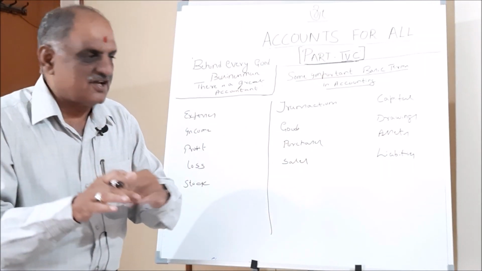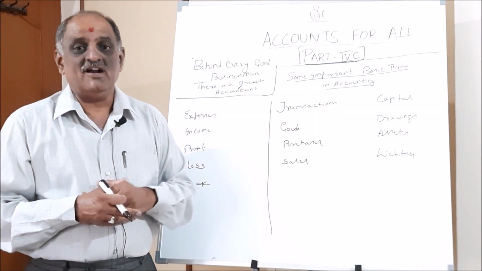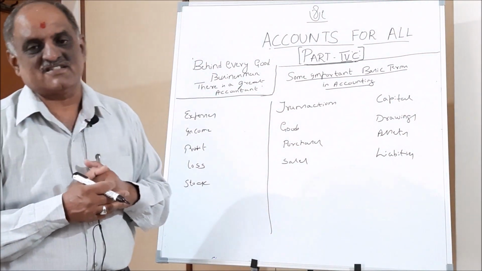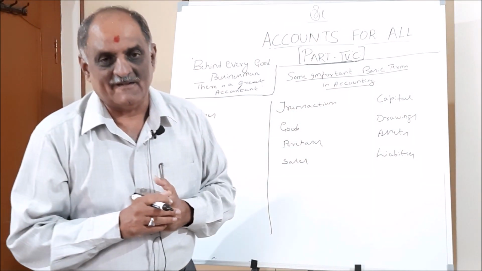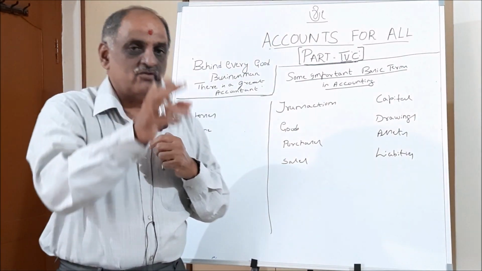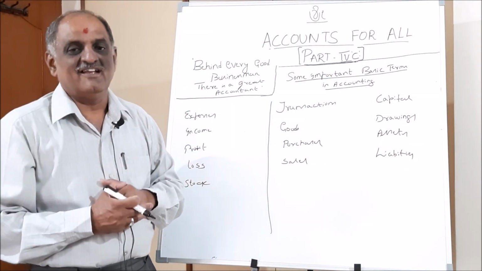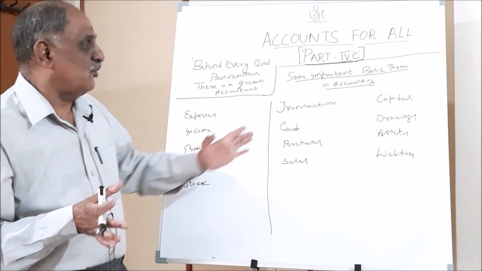When I put in furniture, it becomes an asset. But if I buy that furniture on credit, that means I have to pay that amount to somebody. That amount I have to pay is called a liability.